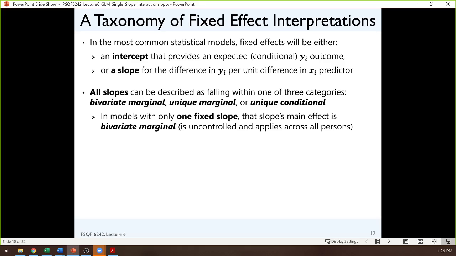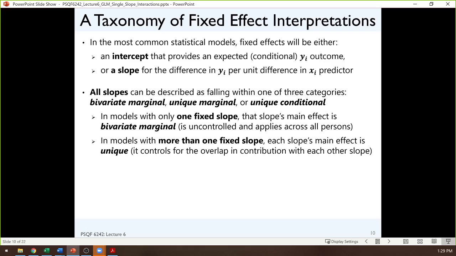The fixed slope is one number that describes the effect of x no matter who you are. Everyone in the sample gets the same effect of x. And because it's only x and y together, it's a bivariate relationship. So that was what we did in homework 3 and to some extent in homework 4. Each variable took more than one slope to describe it, but there was only one predictor in the model.